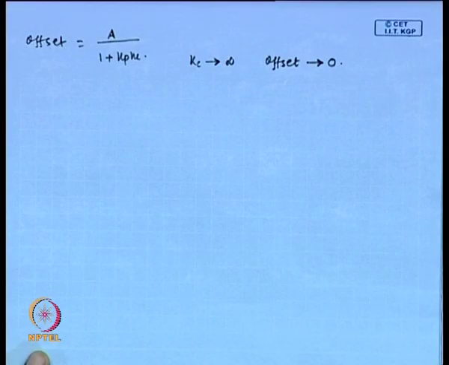But we discussed in the last class that there is a maximum limit of Kc beyond which the process goes unstable. So, we cannot arbitrarily select a large value of Kc. Fine. So, Kc tending to infinity cannot be considered in practice due to some maximum limit of Kc value.